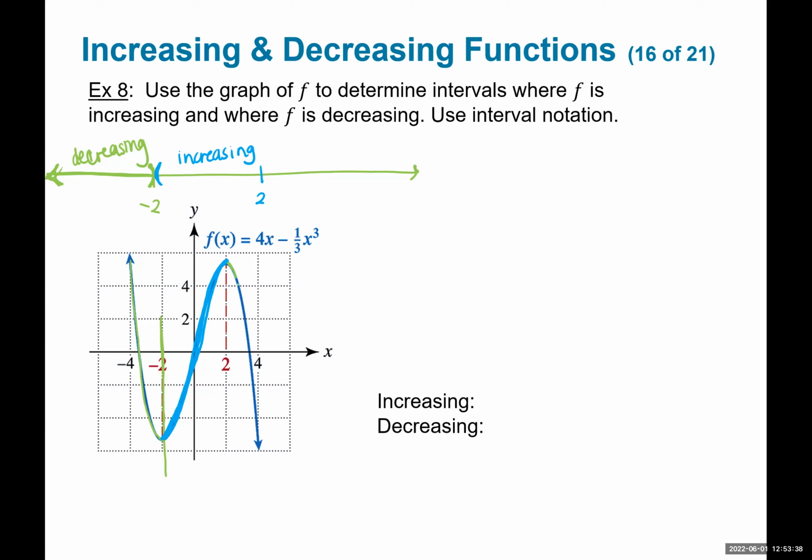And then I start to decrease again from 2 on. And notice I'm just looking at the numbers on the x-axis. I don't care where I am on the y-axis. I'm just looking right here. The -2 and the 2 are where the changes happen. Okay, so that's what we have.